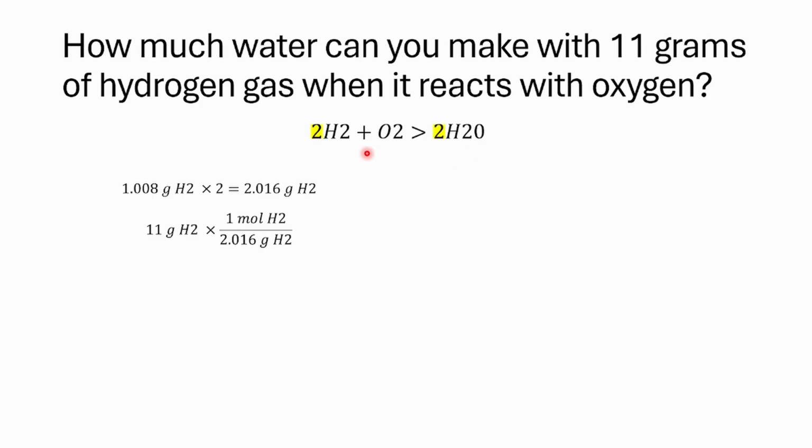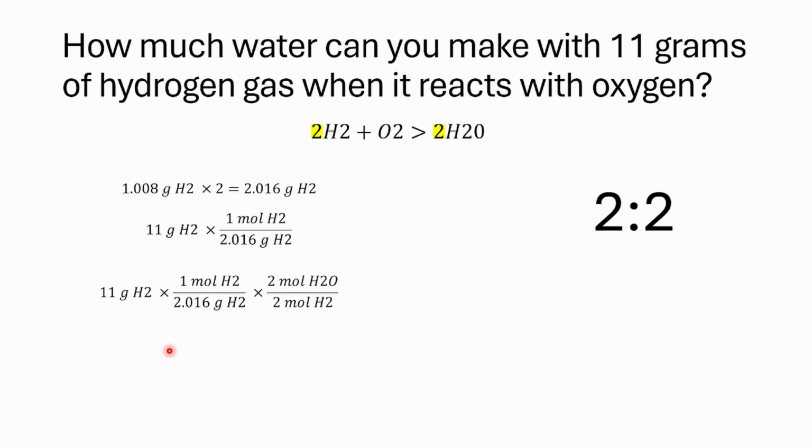This seems to be a 2 to 2 ratio. See it right there. You take that ratio and multiply it by what you have now. It's going to look like this. Remember, out with the old, in with the new. Hydrogen gas on the bottom, water on top. We want to get to water, we don't want hydrogen gas anymore, so that's on the bottom and water's on top.